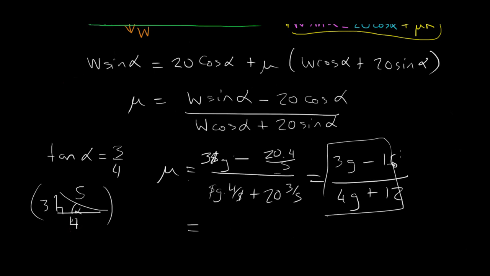Three times 9.8 minus 16, 13.4, divided by 4 times 9.8 plus 12, 51.2. So 13.4 divided by 51.2 is 0.262.